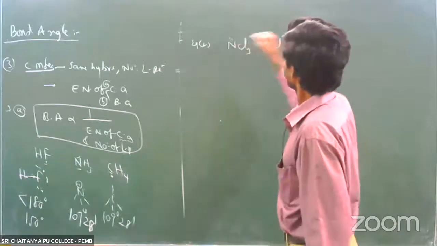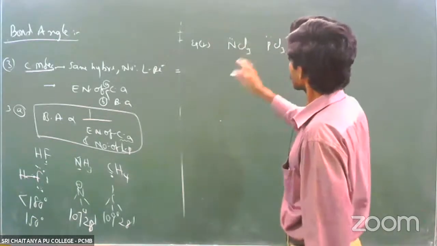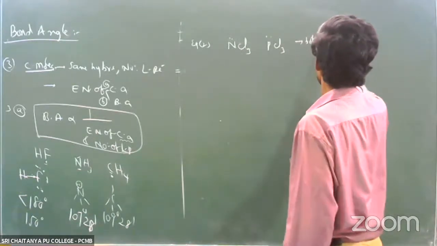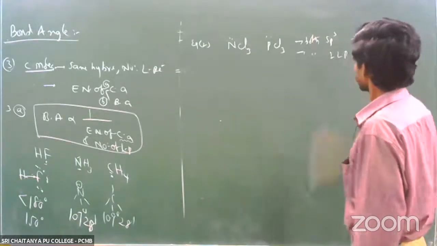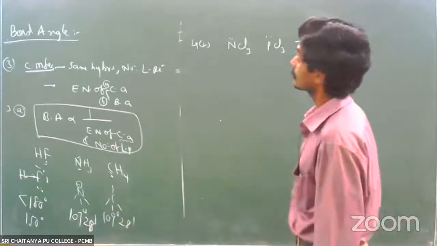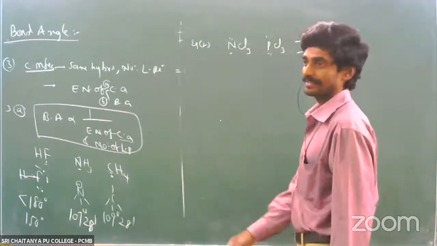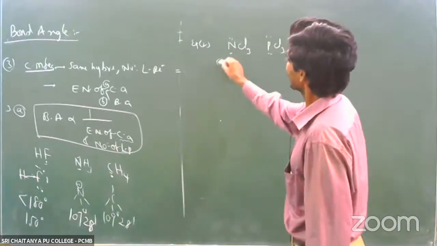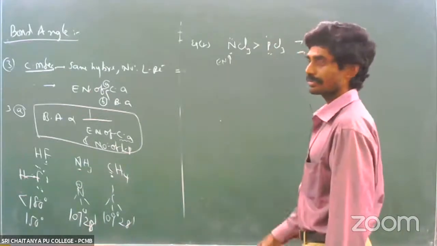Both have the same number of lone pairs. Nitrogen and phosphorus both undergo sp3 hybridization, and both have one lone pair of electrons. So which one has the highest bond angle is decided by the central atom. Here the central atom is nitrogen, here it is phosphorus. The electronegativity of the central atom is more, so the bond angle is more.